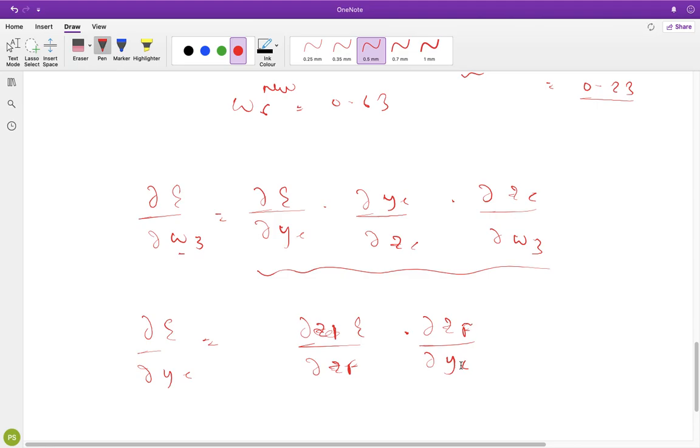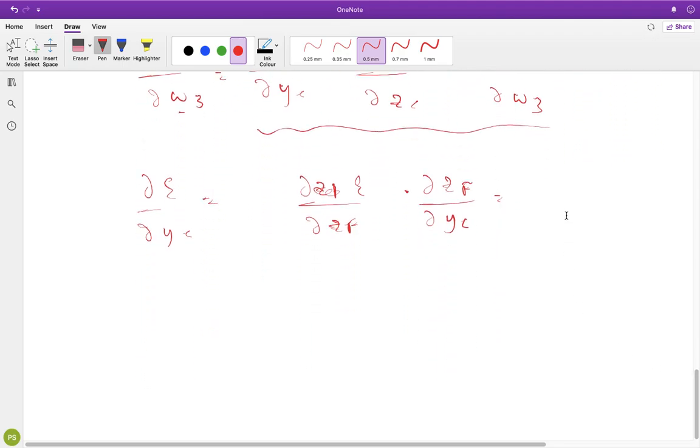Since yc is used in the calculation of zf, we can write zf as yc times w5 plus yd times w6.